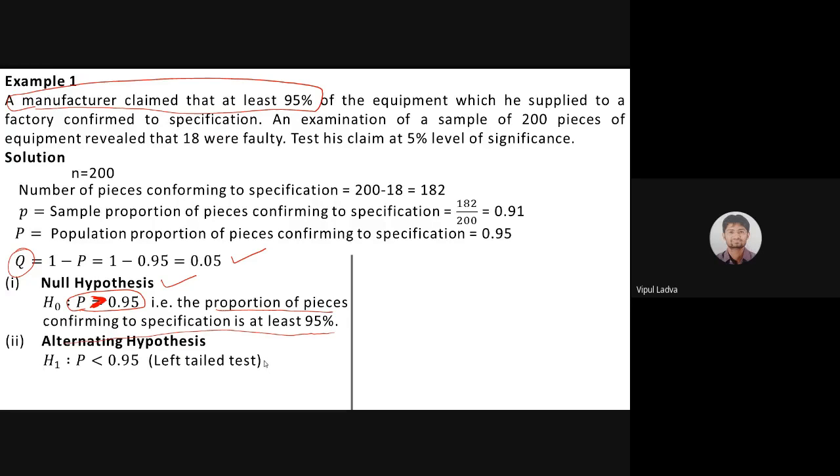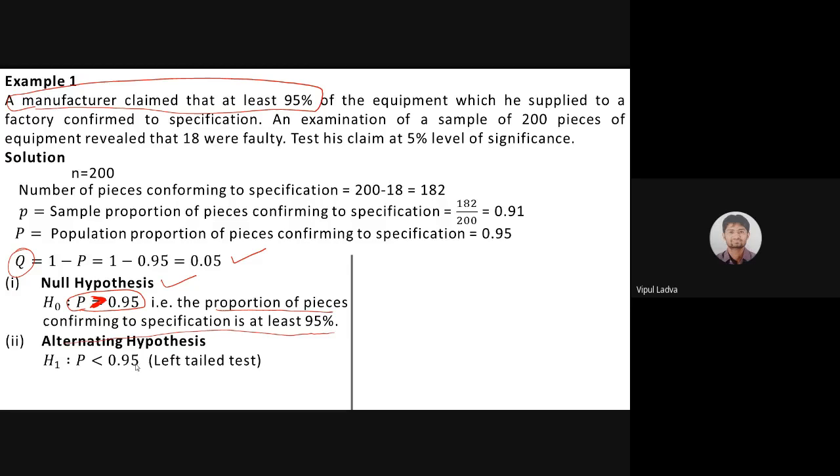In the single tail test, I have given you two different rows in that table. But as I said, we are not going to worry about the negative values because we are always going to deal with the absolute value of Z. So it will be totally okay whether we are dealing with the left tail or right tail, but the Z value will be compared with the three values only.